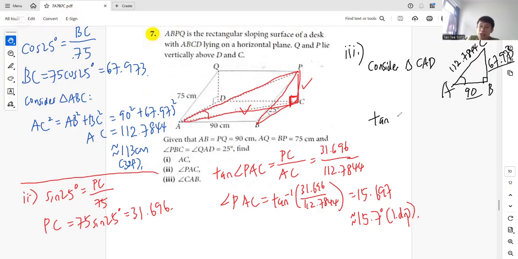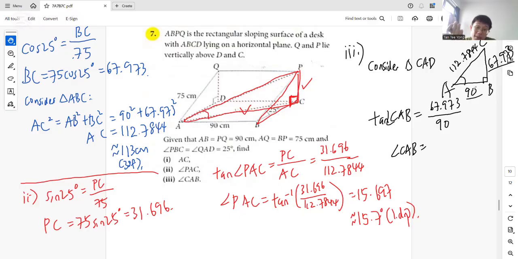So tangent of angle CAB equals opposite, which is 67.973, over adjacent, which is 90. I think it's better to use 90 because 90 is given. We might not know whether you have found AC wrongly or correctly, so better to use the figures that they give.